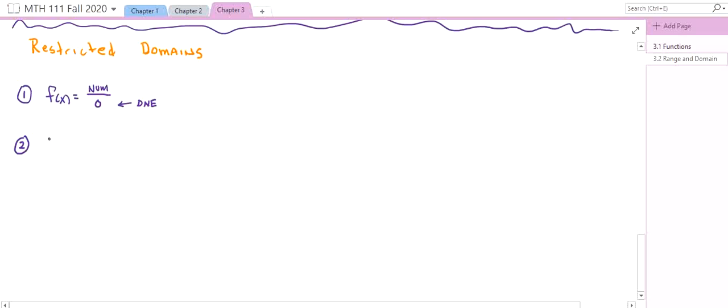Or anytime we have a function where we have a root and the argument inside is less than 0, because that'll give us a negative root, and we can't deal with negative roots.